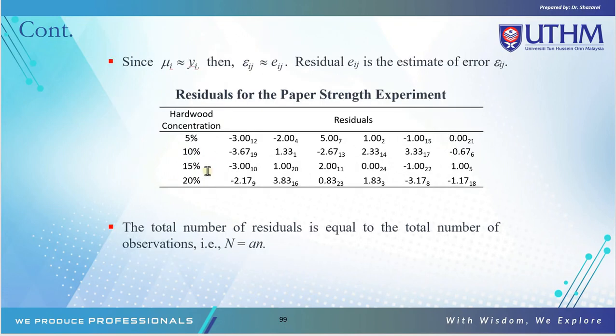Then we have the table of residuals. If the observation is smaller than the average, there is a negative sign for the residual. We are going to use this residual data in order to check the assumptions.